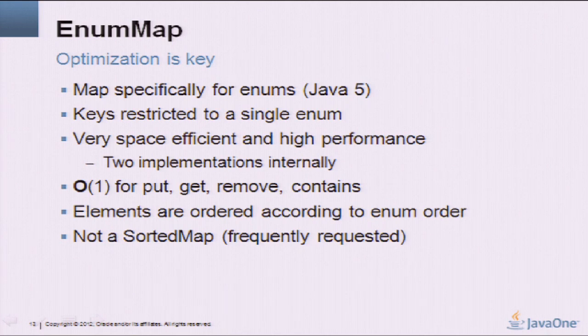So if your key space can be described by an enumeration or already is an enumeration, EnumMap is a very useful thing. There's been requests in the past for this to be a sorted map because enumerations in fact do have an order, but that wasn't part of the original implementation. The choices to do that predate me, and I've never been able to find out why it wasn't made into a sorted map. But it's been requested, and it is possible that in the future it will be upgraded to a sorted map.